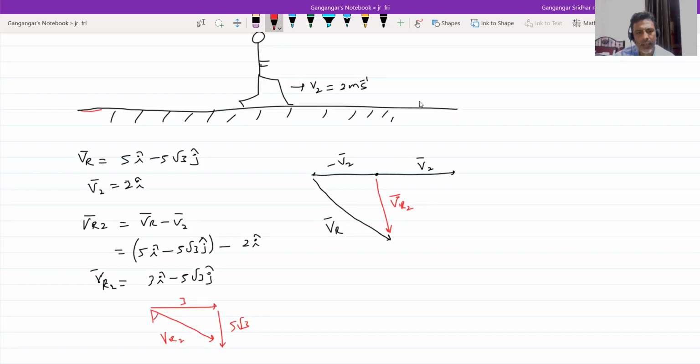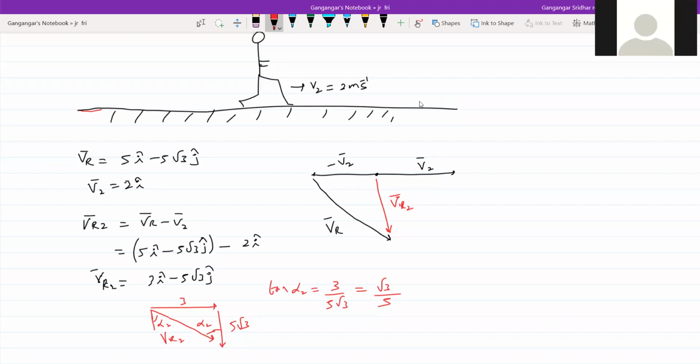You can take this as theta. This is some alpha 2, I'll write it. Tan alpha 2 is equal to 3 by 5 root 3, or root 3 by 5 after simplifying. So this is the angle made by the rain with respect to the vertical.